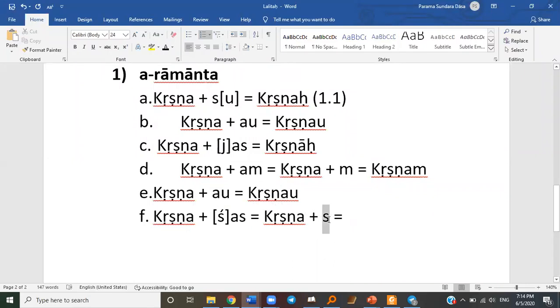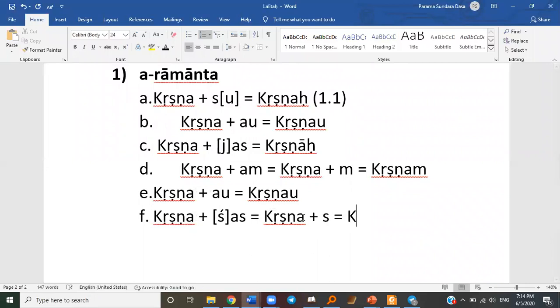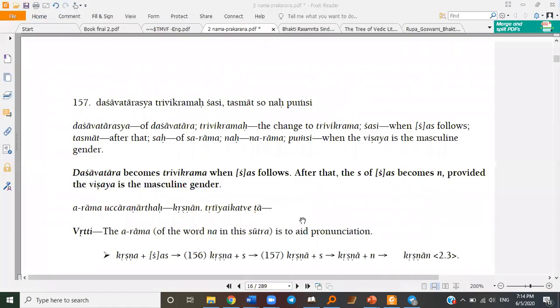So even if Am is deleted, still it will be considered as Shas, because originally it is Shas. So this will become Trivikrama when Shas is following. First of all, we'll make it Trivikrama. And then Tasmat Sonapumhi.